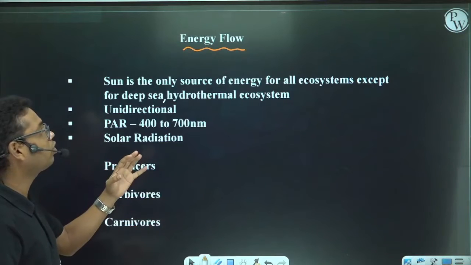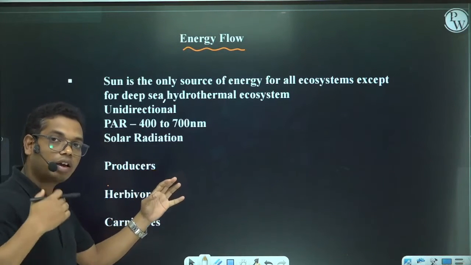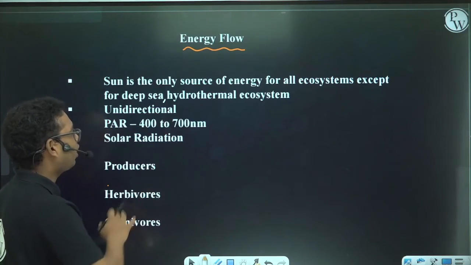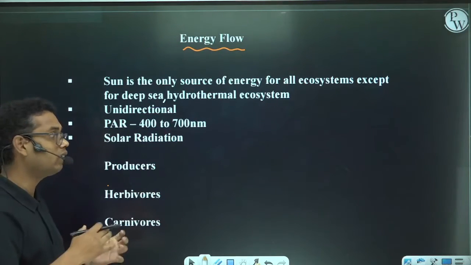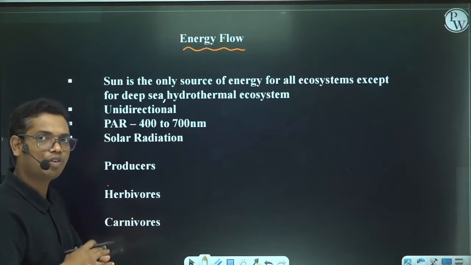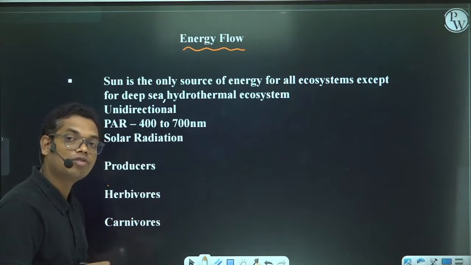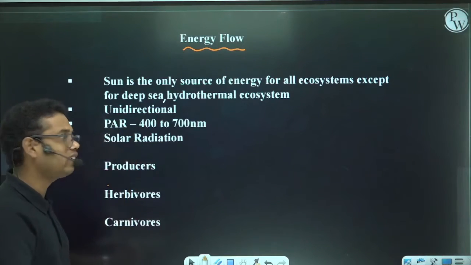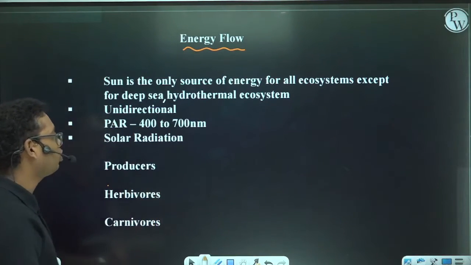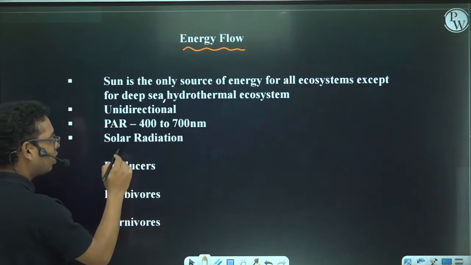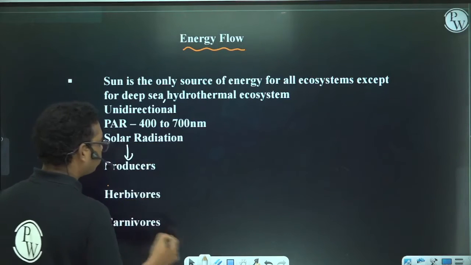The flow of energy across the different trophic levels of an ecosystem is always unidirectional. The light which is used by the plants for photosynthesis is called PAR, photosynthetically active radiation, and it is 400 to 700 nanometer. So the solar radiations are uptaken by the producers.